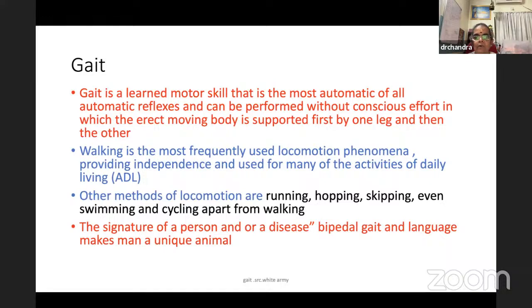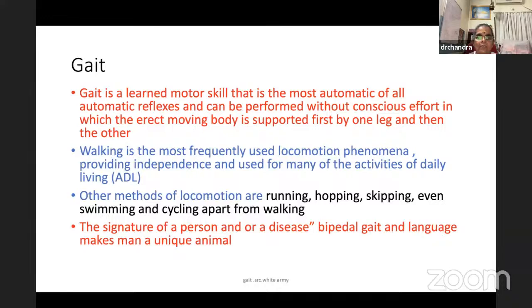We can just walk. We don't have to plan or think. It is the most automatic of all automatic movements and the most frequently used locomotion phenomenon, providing independence and use for many of the activities of daily living.